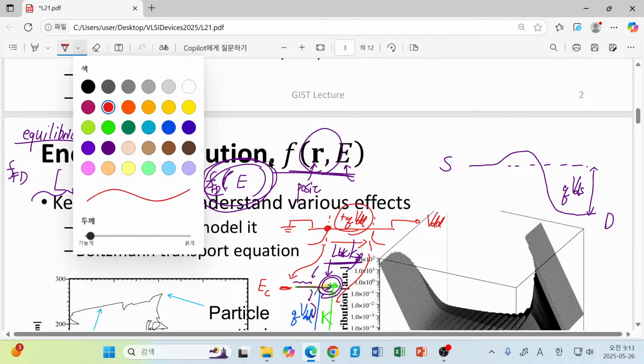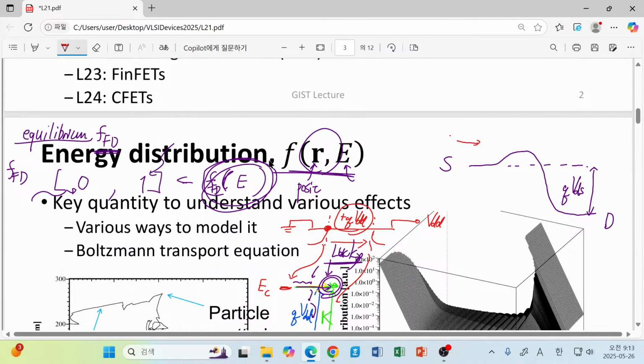So the question is quite simple. Think about a certain energy. Let's say that this is a certain energy. Then we can think of two different positions. One position corresponds to the source, and another corresponds to the drain. Then I wanted to ask you this simple question. What is the occupancy of this position? And what is the occupancy of this position?